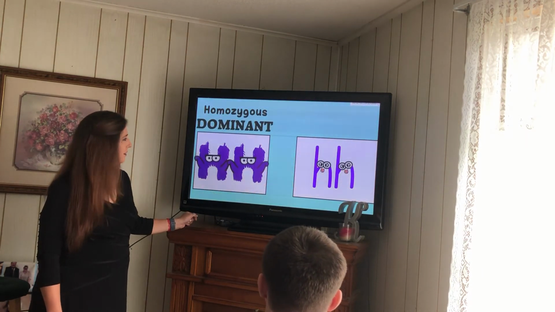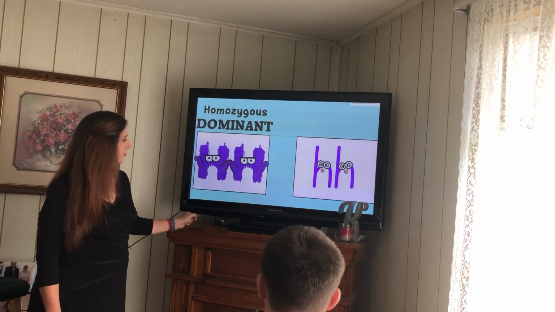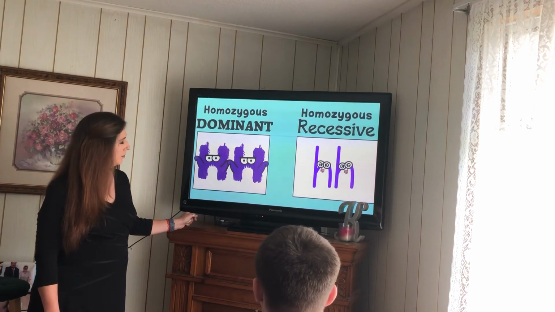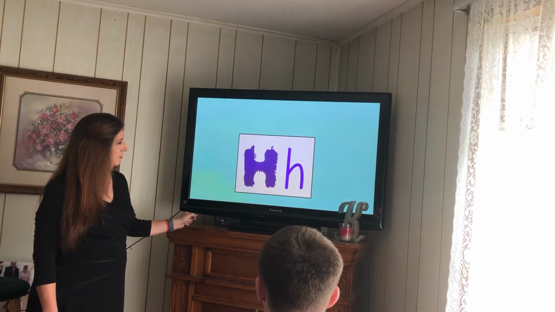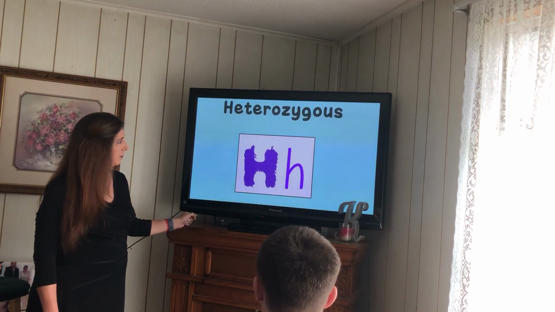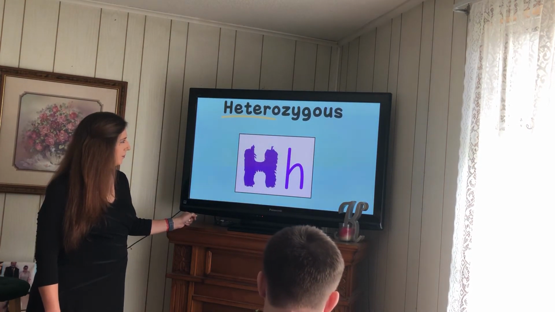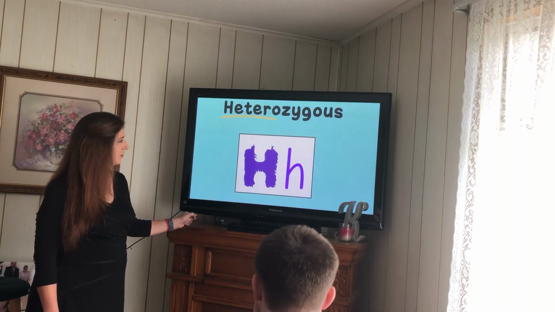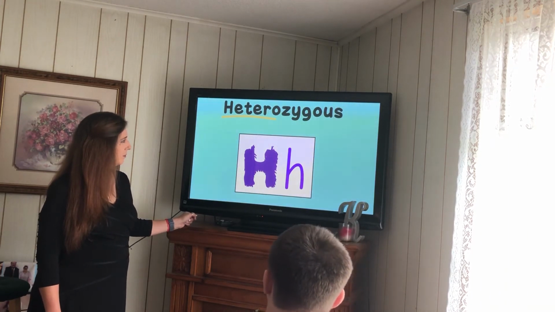So big H, big H is called homozygous dominant because of the capitals, and little h, little h is homozygous recessive because of the lowercase. A genotype of big H, little h is considered heterozygous. The root in this word means different because their letters are different cases. One is a capital and one is a lowercase.